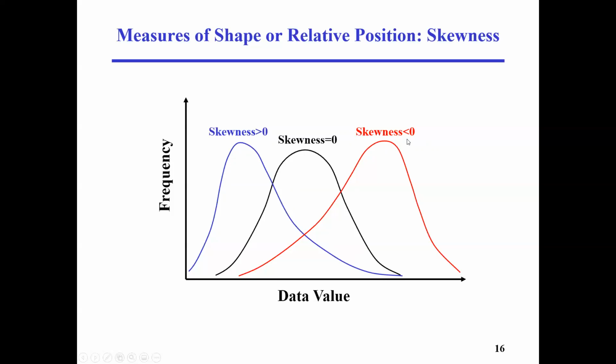If the skewness you're looking at is smaller than 0, you should expect that the histogram of the data set associated with this negative skewness should be like this red curve, okay? The peak is to the right, and there is a long tail to the left side. This is skewness, so it is used to address the asymmetry of your data set. Of course, if it is 0, it's symmetric, right?